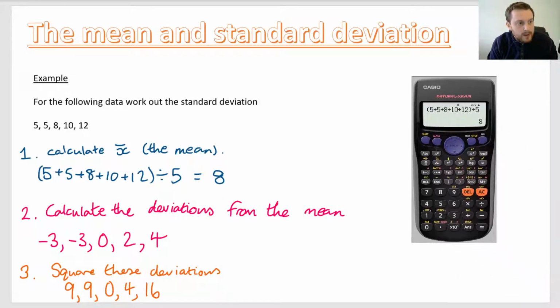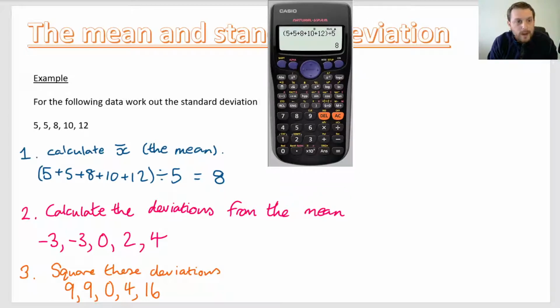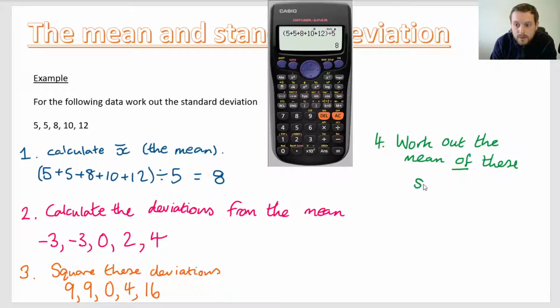Let me just move the calculator. Right. Next thing to do, let's use green. So step 4, work out the mean of these squared deviations. So I'm going to have to do 9, add 9, add 0, add 4, add 16, and share that by 5.